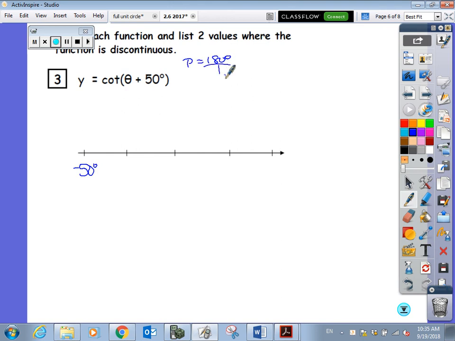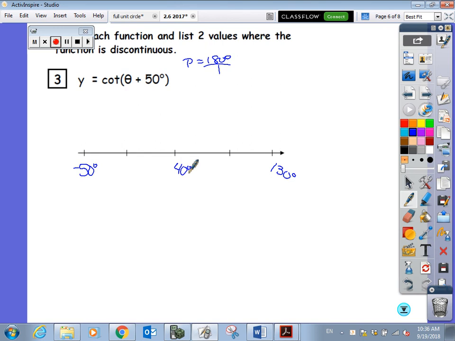B is the number between the word and the variable representing the angle. So we add 180 to negative 50 to get to 130. And this is where you could divide 180 by 4 and add, or add and divide by 2. So what is that? 80 divided by 2 is 40.